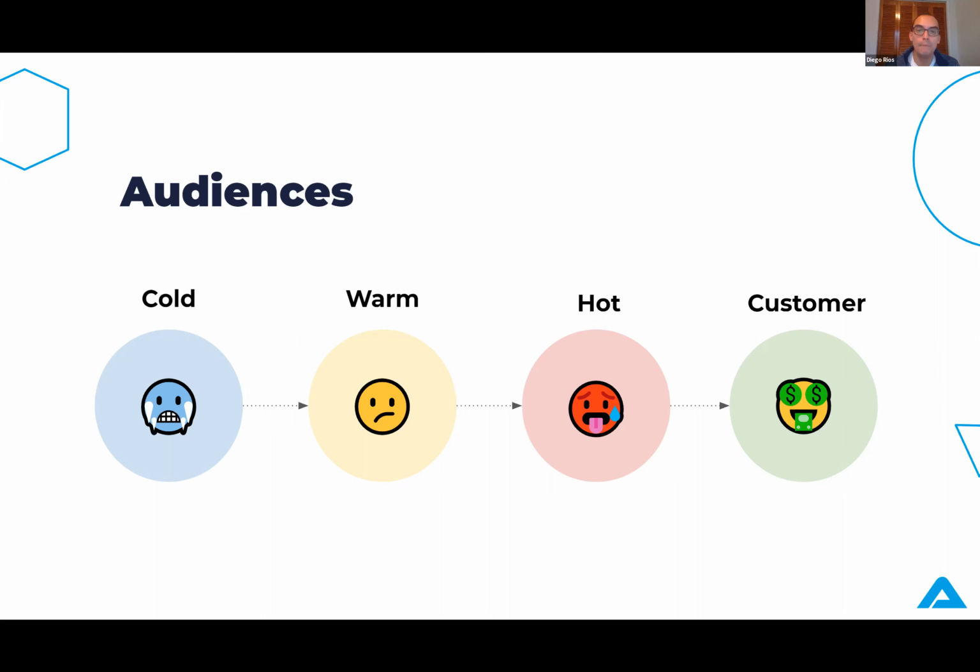So I'm pushing people through these different stages or temperatures. The closer a user is to becoming a customer, the hotter it becomes, because you're closer to a conversion with that user.